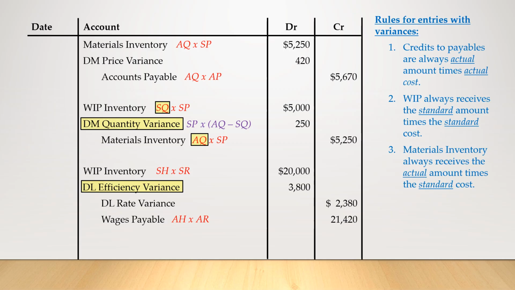Therefore, the direct labor efficiency variance will also be the standard cost multiplied by the difference in quantity. Though the cost is the rate and the quantity is the hours.